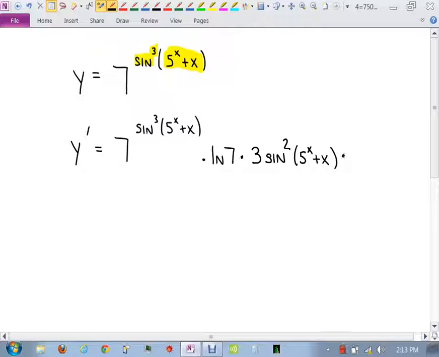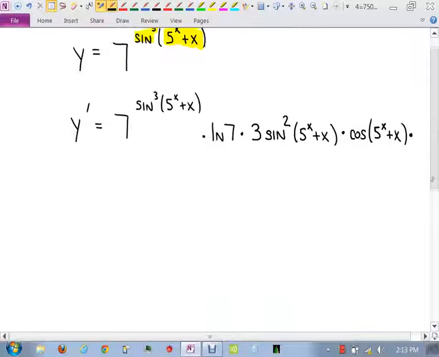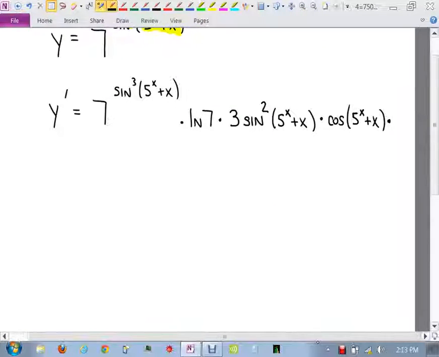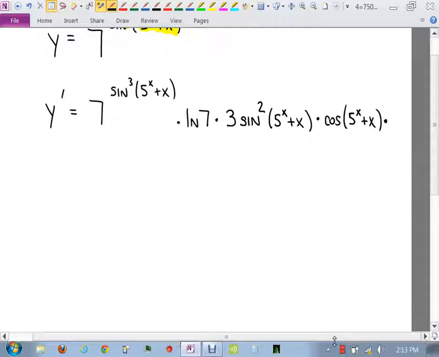Chain rule says keep going, times, now what was the next thing? We did the cubed, we haven't done the sine yet. What's the derivative of sine of something? Cosine of it. Still chaining along here, times, finally, I'm running out of room here. Now we're done with the sine, so inside, what's the derivative of 5 to the x plus x?